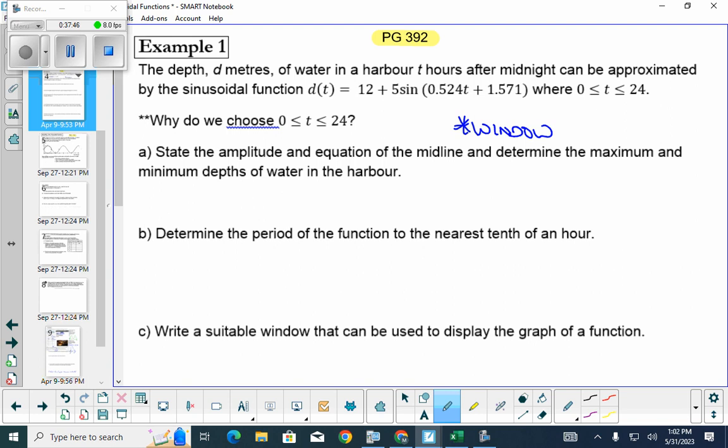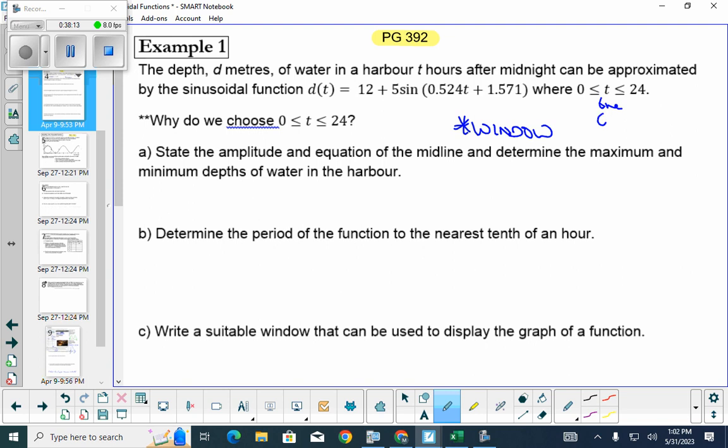Now, if you read the question, you should have some frame of reference for that scenario. Okay? So it says the depth of water in a harbor, T hours after midnight, can be approximated by the sinusoidal function, blah, okay? Where T is 0 to 24. So T, remember, is your time.